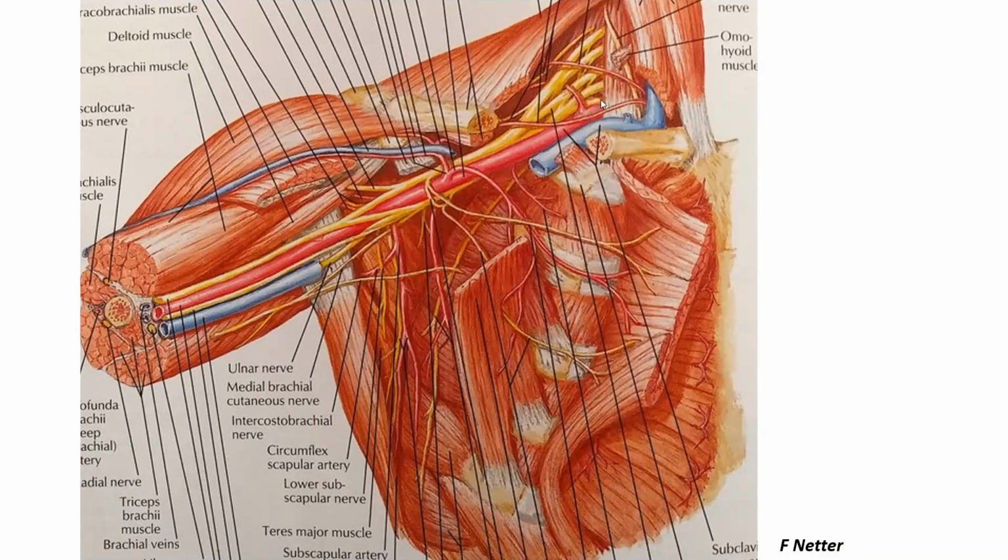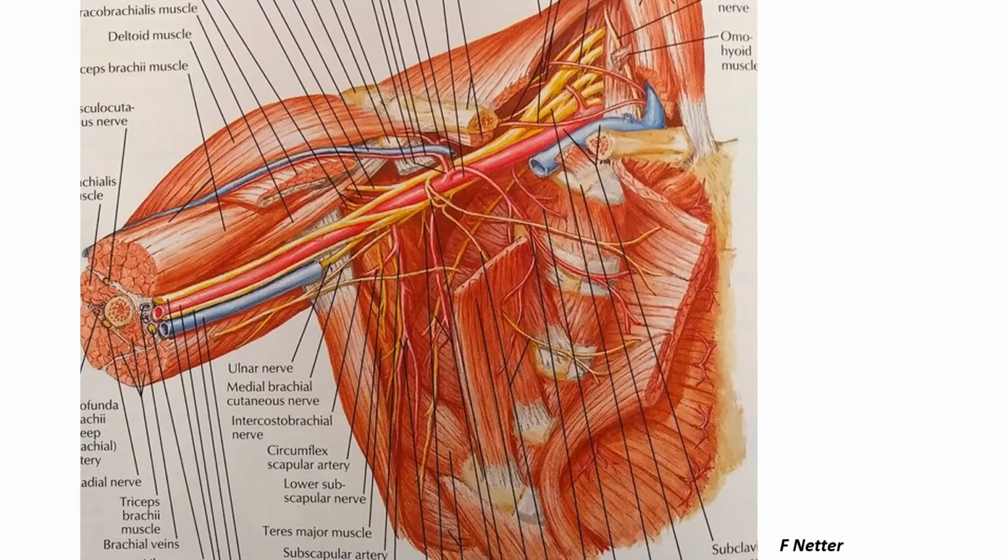So the subclavian artery is inside the chest, whereas axillary artery is outside the chest. Axillary artery starts at the lateral border of the first rib, whereas the subclavian artery is inside that and inside the chest. So axillary access is inherently safer because it is outside the chest.